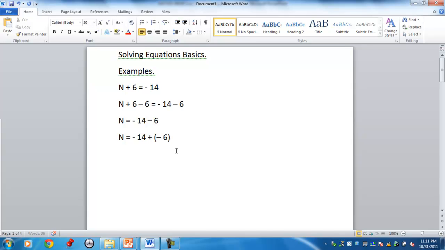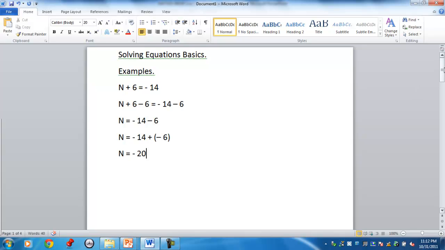And the rule is when we add like signs together, if both numbers have the same sign, we just add the two numbers and keep the sign. So as a result, for our first equation, we're going to get an answer of negative 20. Okay, so this is just one example of solving equations.